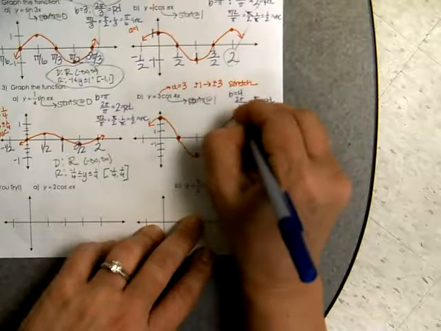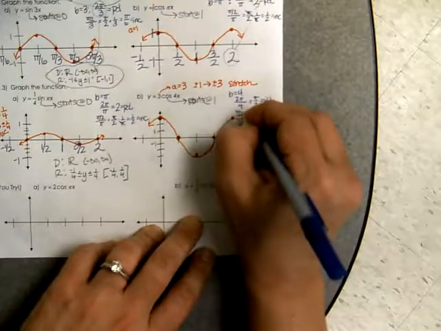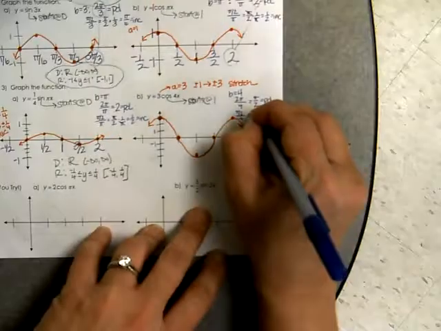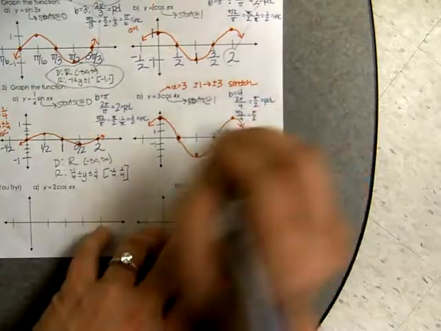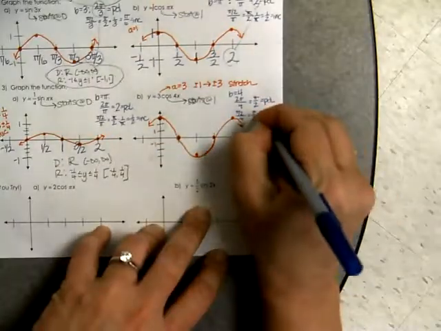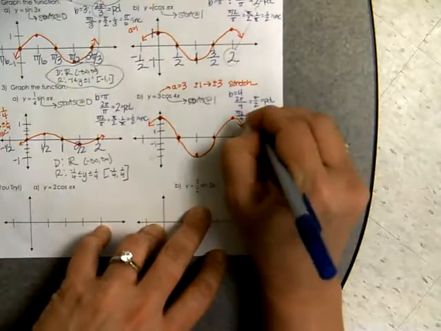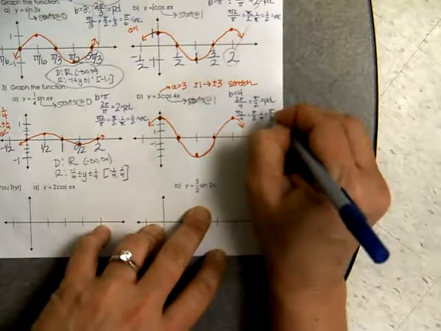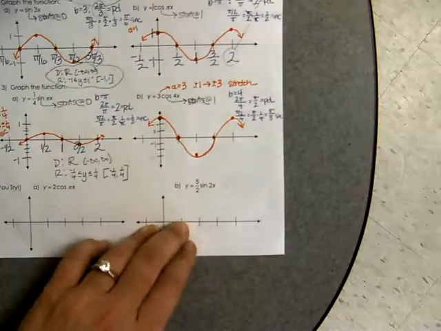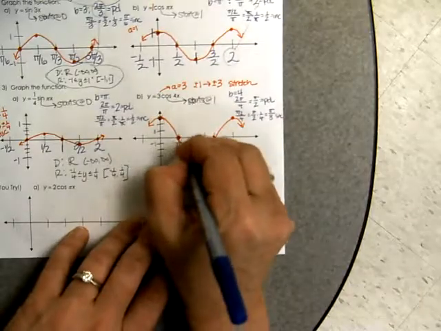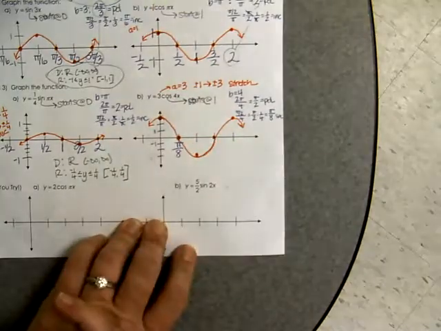Now to find the increments, how do I mark up that x-axis? I'm going to take pi over 2 over 4, since that's our b value. And dividing by 4 is like multiplying by 1/4. So I multiply across. That gives me pi eighths as the increments. So the first tick mark is going to be pi eighths.